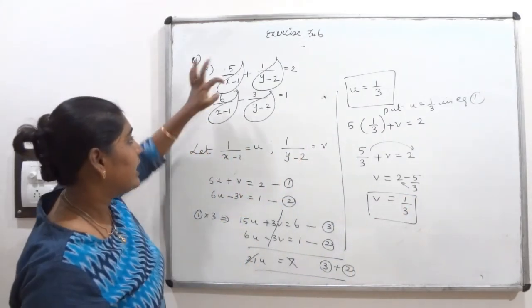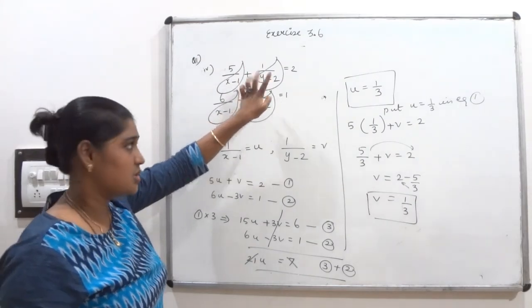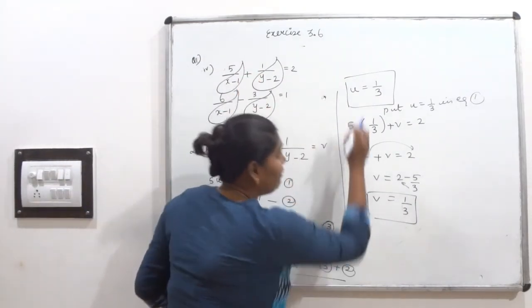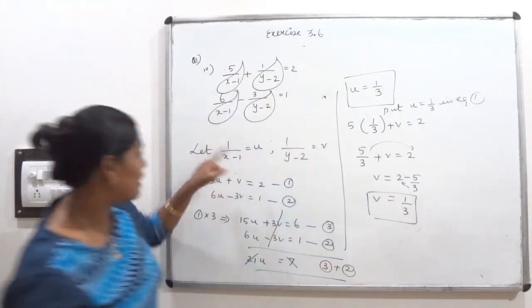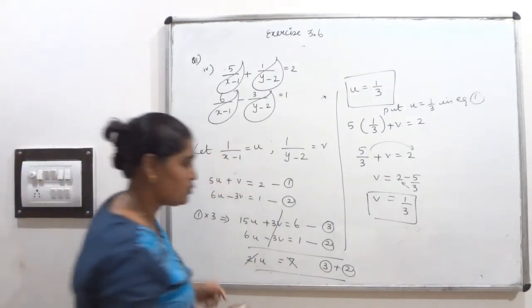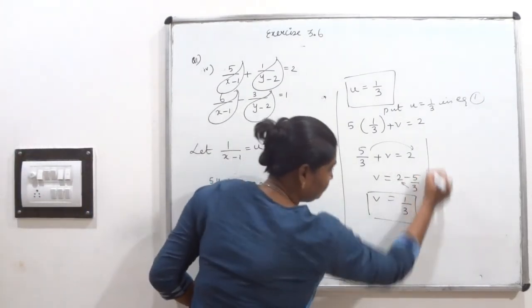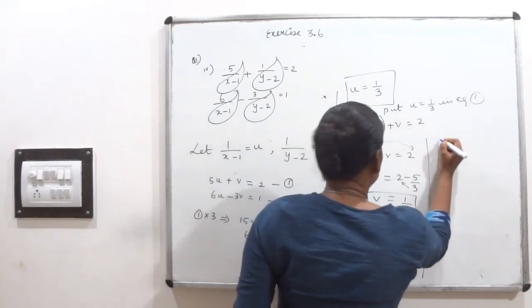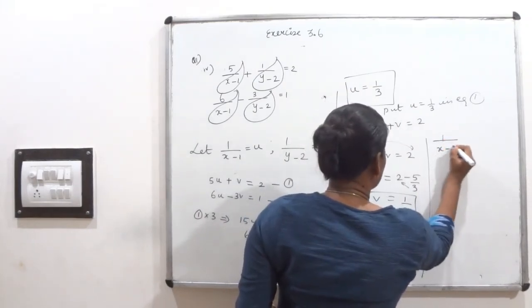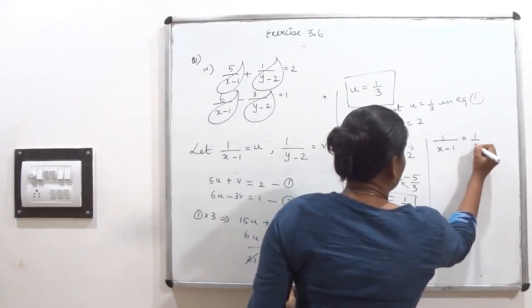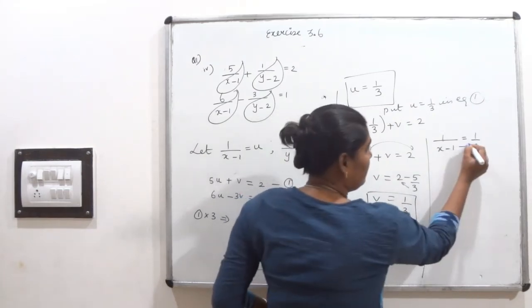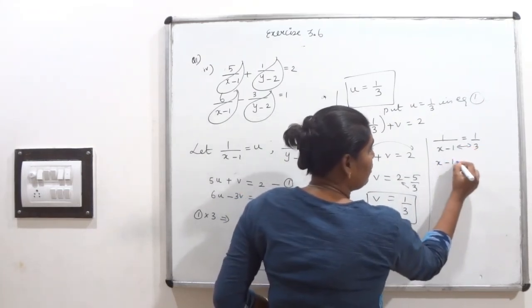I need x and y value in the equation. So, what you have taken as u you have taken as 1 upon x minus 1. So, write it here. You have taken as 1 upon x minus 1 equal to 1 by 3. Then we can write that x minus 1 equal to 3.